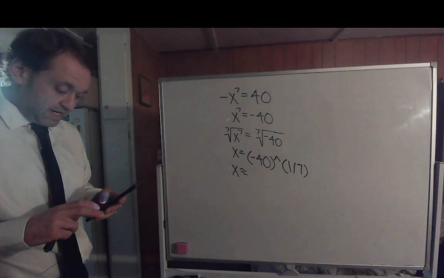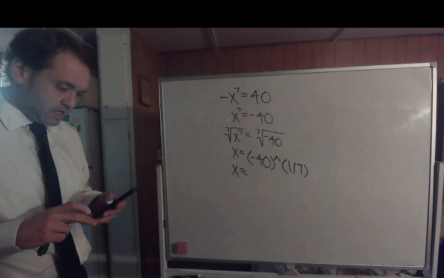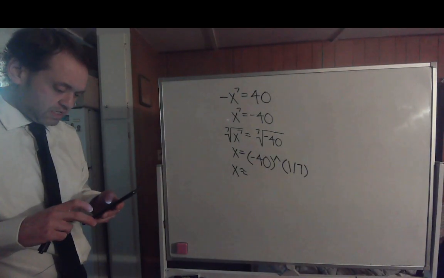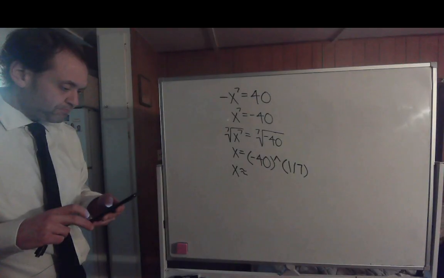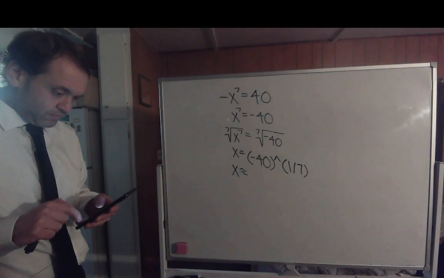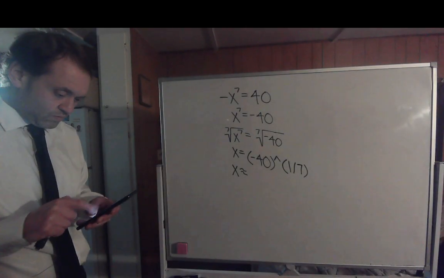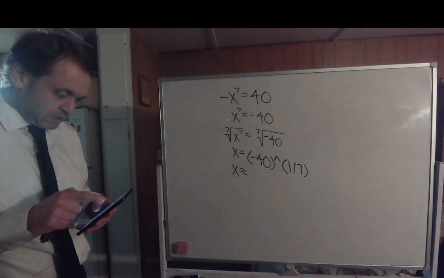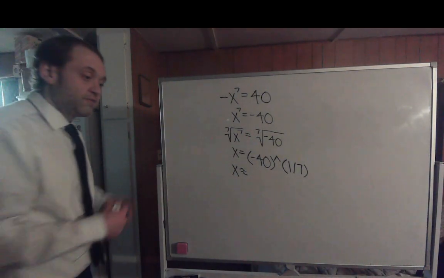So we're going to take negative 40 to the 1/7 power, and that would give you approximately negative 1.69.